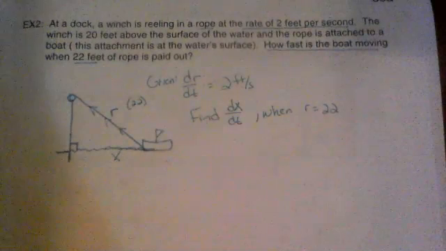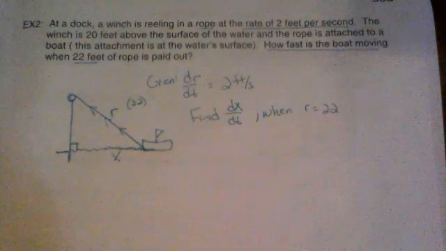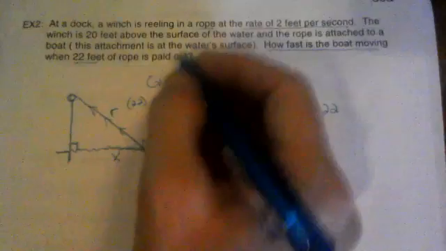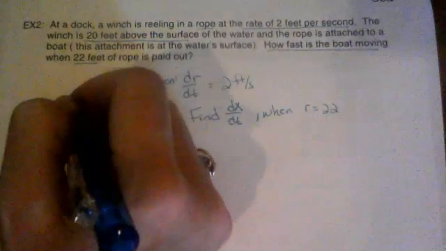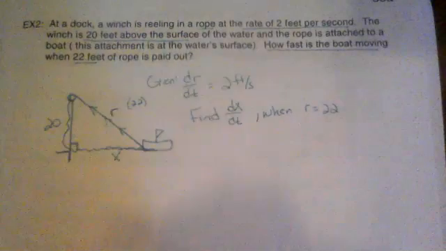So in a right triangle, really all we know about right triangles that we could use here is probably the Pythagorean theorem. Now we do know that this winch was 20 feet above the surface of the water. So this distance from here to the water is 20 feet.